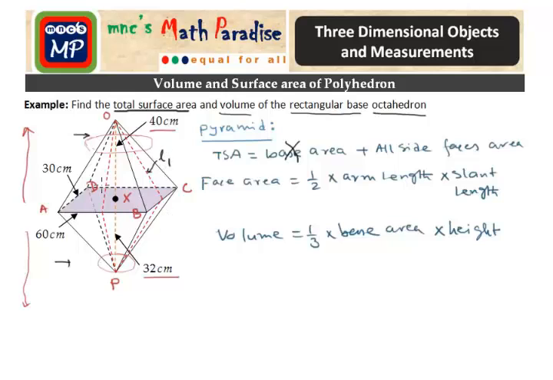AB and CD, these two arms are the same, so the slant length on those two will be the same, so this slant length we consider L2. The areas of faces OBC and OAD will be the same, and faces OAB and OCD, their areas will also be the same.